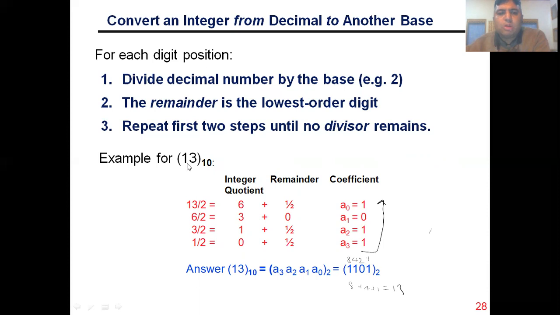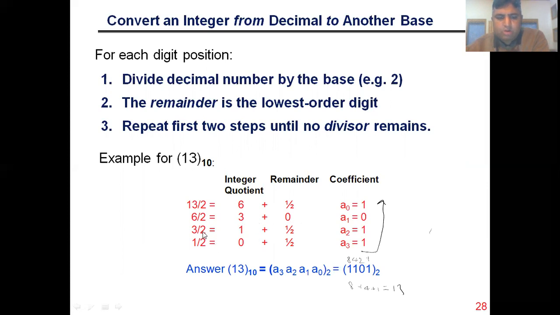So 13 was the decimal number. We divided 13 by 2. We got 6 as the quotient and 1 as the remainder. Then we repeatedly divided the quotient. We divided 6 by 2: 3 is the quotient and 0 is the remainder.